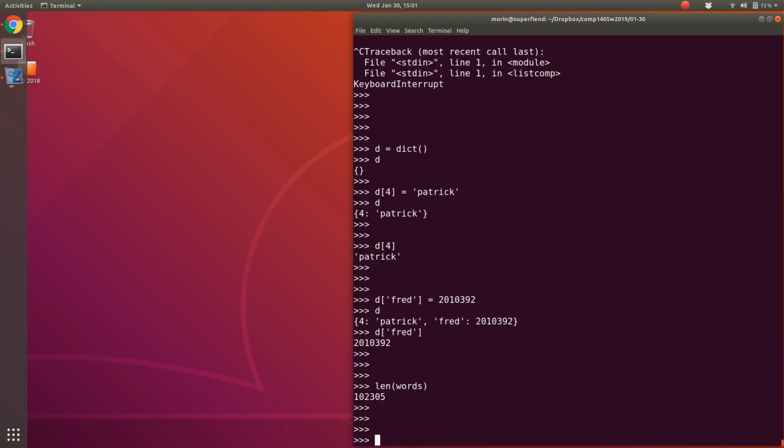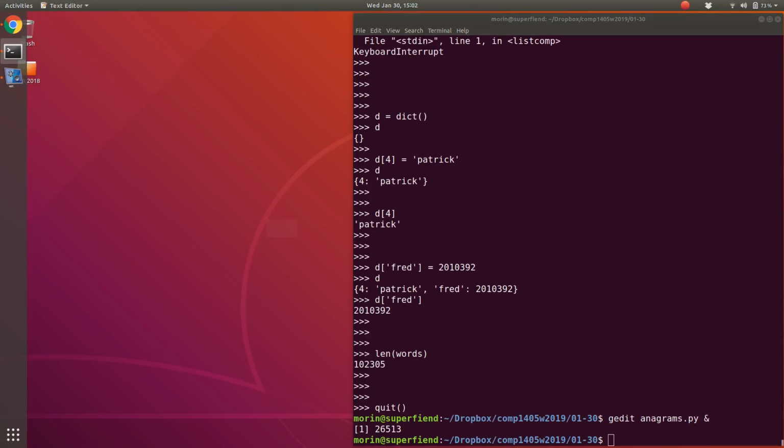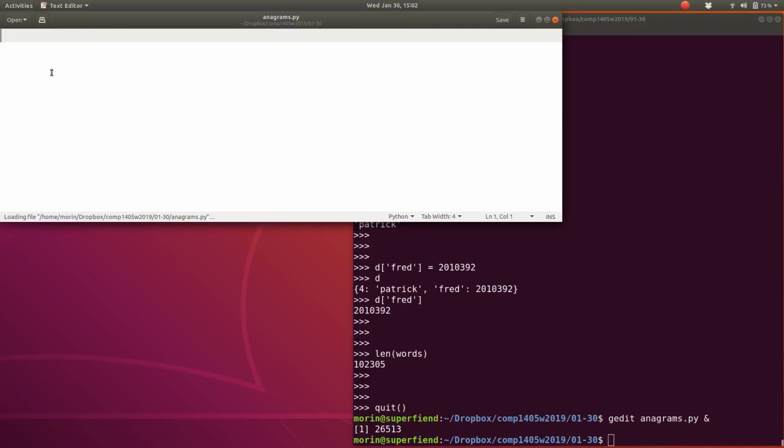let's write this as a function, otherwise we'll lose too much. Okay, so we open /usr/share/dict/words, we read it, we split it into lines, or just split.